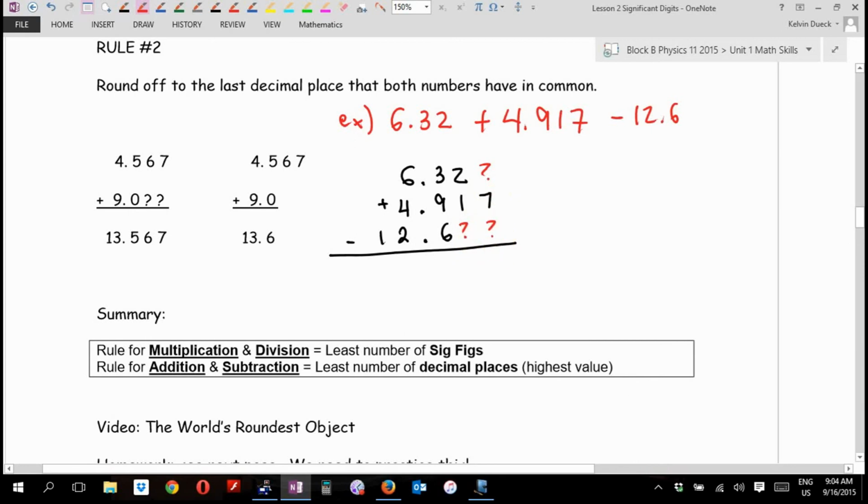On this question, how many decimal places am I going to end up going to? Just one. And you'll notice this time I didn't say how many sig figs. Adding and subtracting, I have to go back to talking about decimal places, not sig figs.